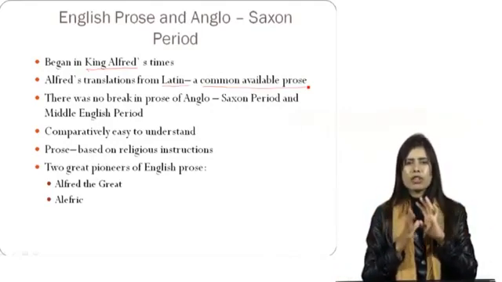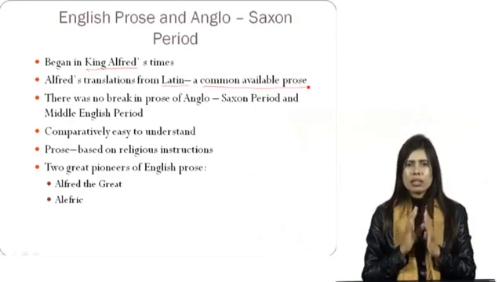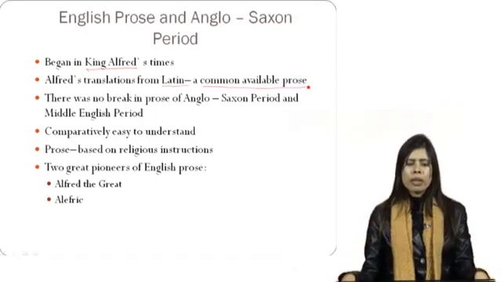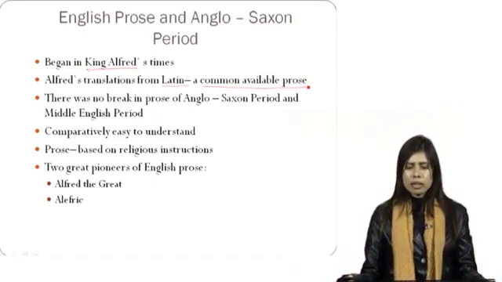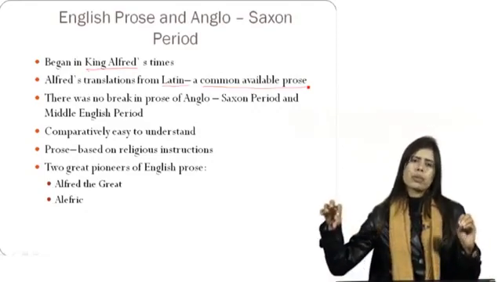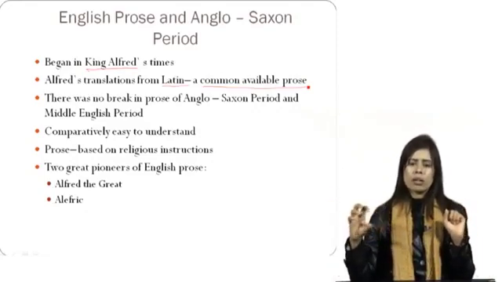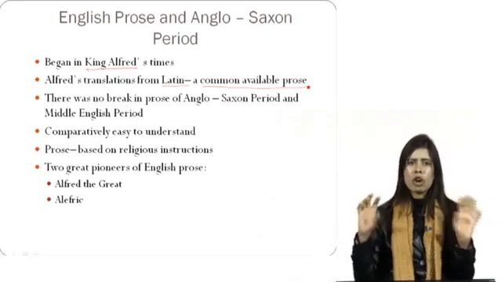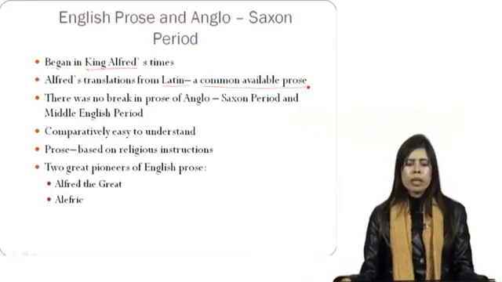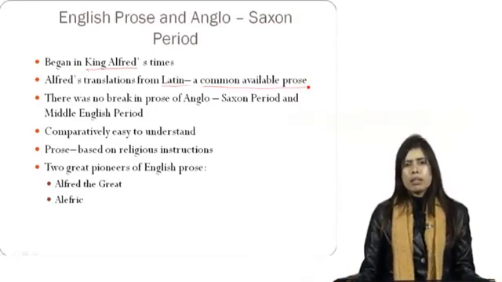So the tradition of prose was started with the translation of Latin prose, and that was done by King Alfred. There was no break in prose between the Anglo-Saxon period and the Middle English period. There is a continuous flow from the Anglo-Saxon period of writing prose to the medieval, or Middle English, period. As you know, comparatively prose is easy to understand.